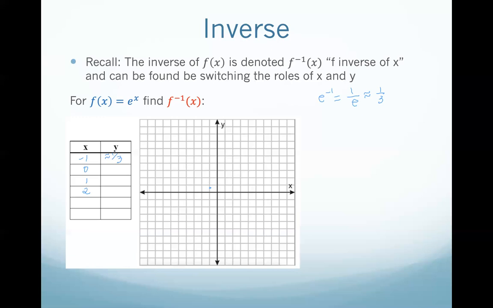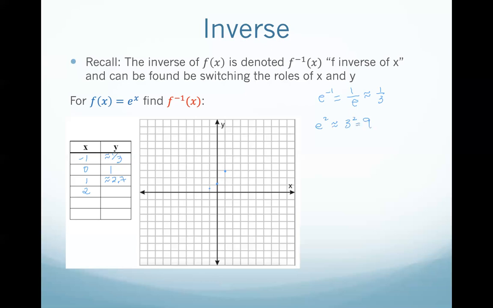And then we have e to the 0. E to the 0, just like any number to the 0, is approximately 1. E to the 1 is approximately 2.7, so just under 3. And then e squared, I'm going to say that's approximately 3 squared, which is 9.